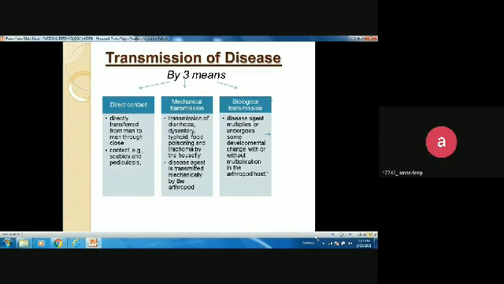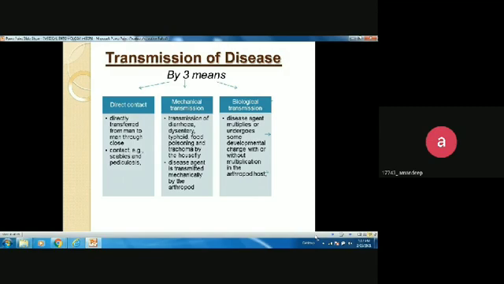In mechanical transmission, there is transmission of diarrhea, dysentery, typhoid, food poisoning, and trachoma by the houseflies. In this, the disease agent is transmitted mechanically by the arthropod.